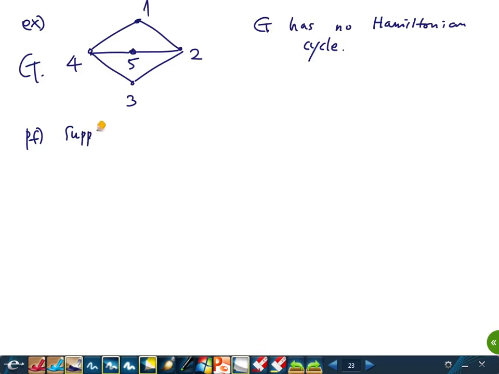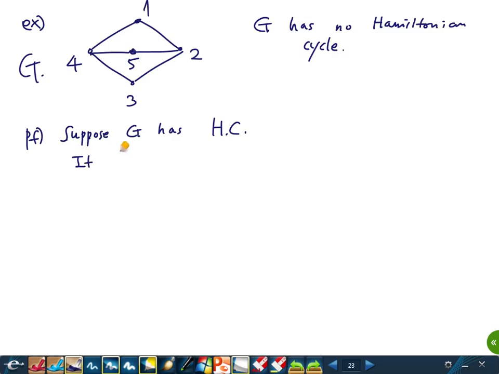Suppose that G has a Hamiltonian cycle. What does that mean? It visits every vertex exactly once. That means we have to use this edge, right? Because we want to visit 5, we have to use this and this edge.